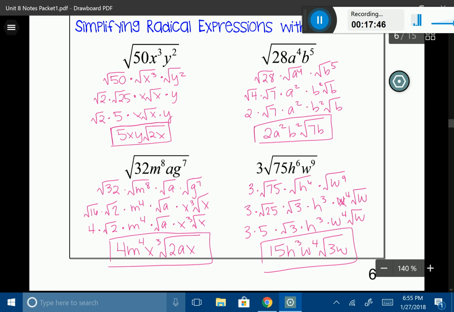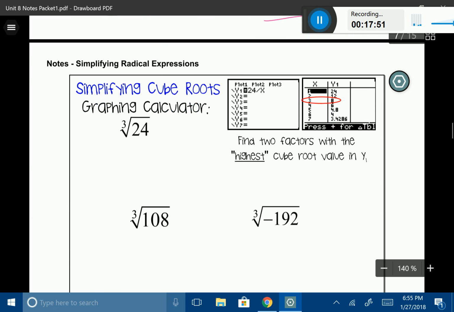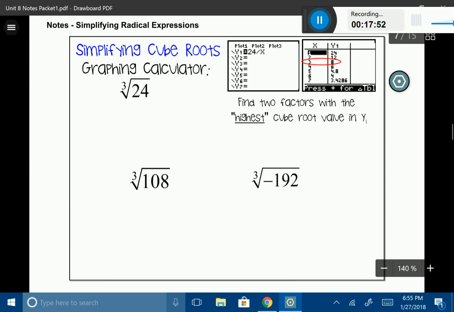Okay, so now that we've looked at simplifying expressions and simplifying expressions with variables, let's throw some cube roots in there. The cube root works exactly the same way in the graphing calculator. You're still going to put your number over your x and find your factors. The only thing that's different here is you're no longer looking for perfect squares. You're looking for perfect cubes.